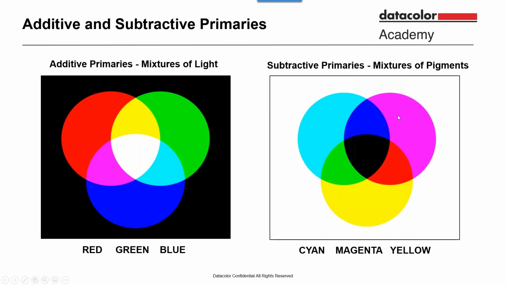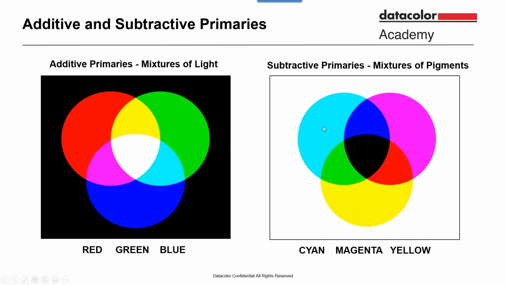For example, over here, the subtractive primaries are called cyan, magenta, and yellow. This is again how printing and photographs are all done, with the subtractive method. If we mix together cyan and yellow, we're going to produce green.